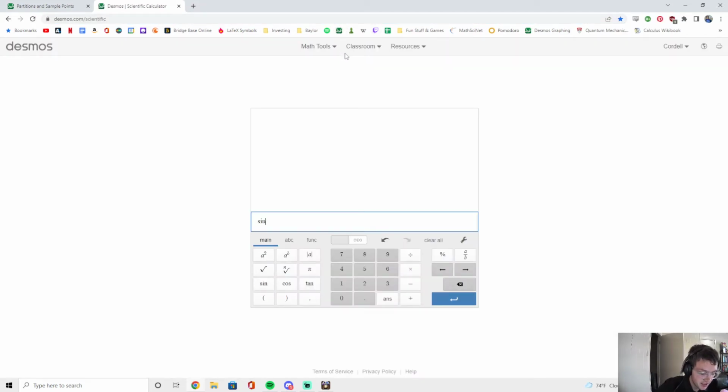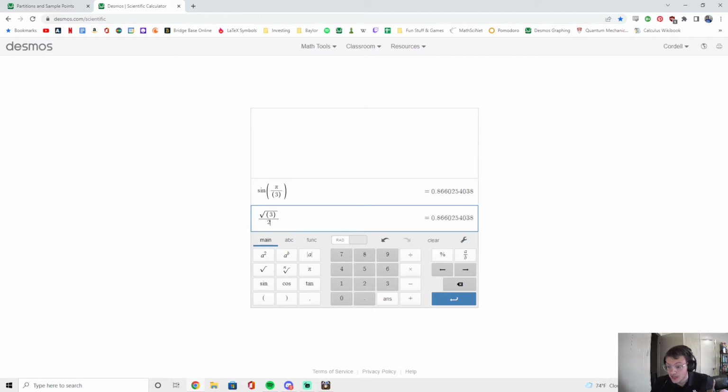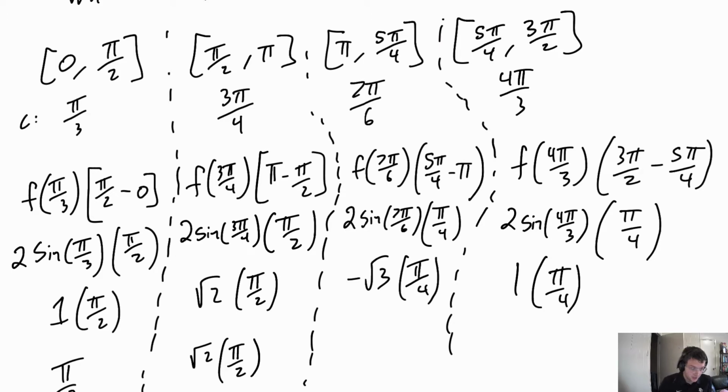So we want the sine of pi over 3, and we want to make sure that we are in radians. Well, that's square root of 3 over 2, isn't it? Okay, so I apologize. I got my unit circle wrong.